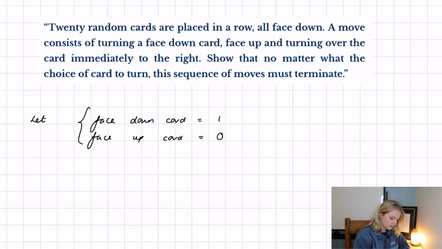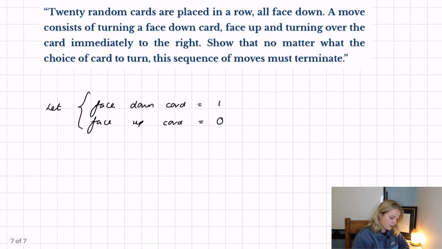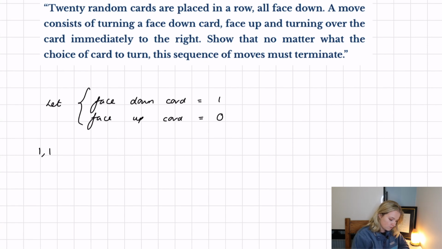So we're saying let a face down card equal 1, a face up card equal 0. We know that in the problem we start with all of the cards face down. So for a series of 6 cards we're going to have 1, 1, 1, 1, 1, 1.